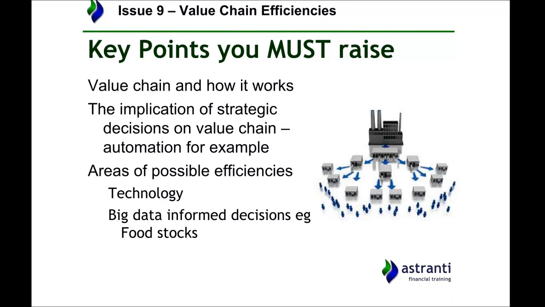So what should we raise in regards to value chain efficiencies? Well, what the value chain is and how it works needs to be covered. The implication of strategic decisions on the value chain, for example, that automation from software could have significant impacts on staff morale because we likely will make some redundancies due to that. Also, areas of possible efficiencies could be that technology aspect, but also how big data informed decisions interact with our overall profitability.